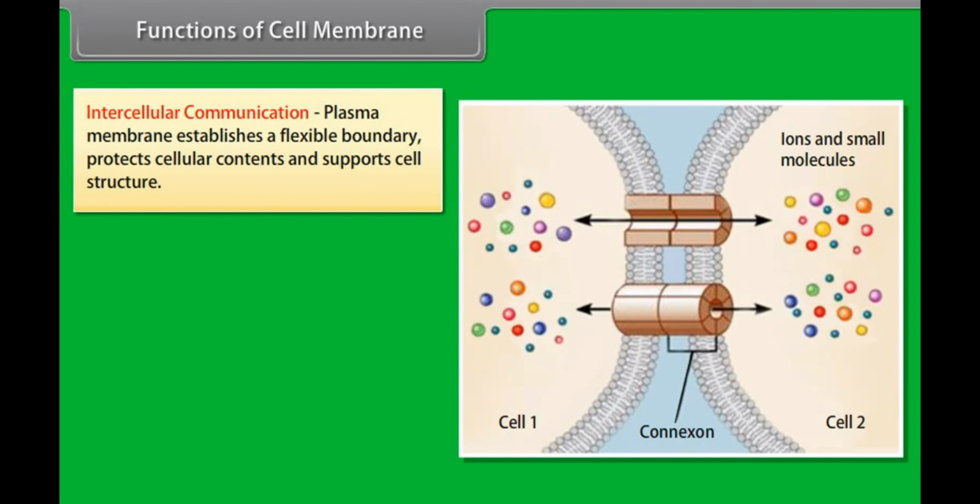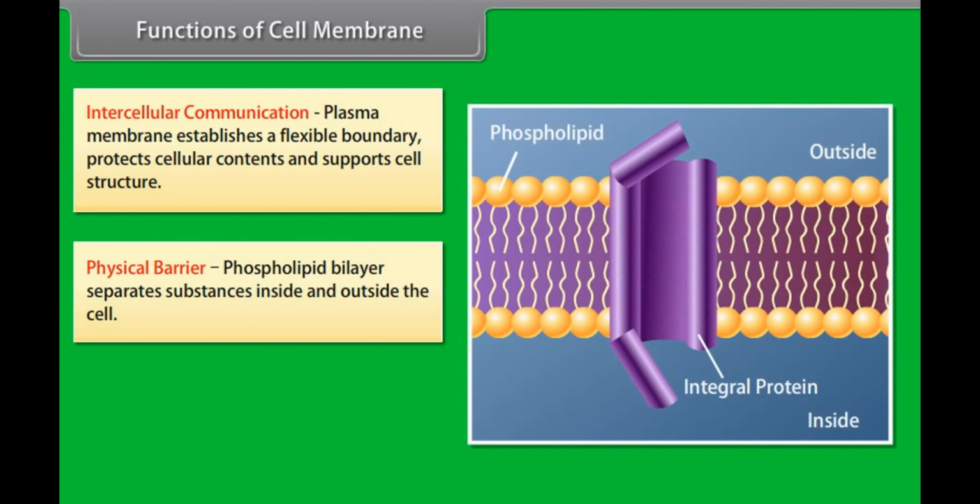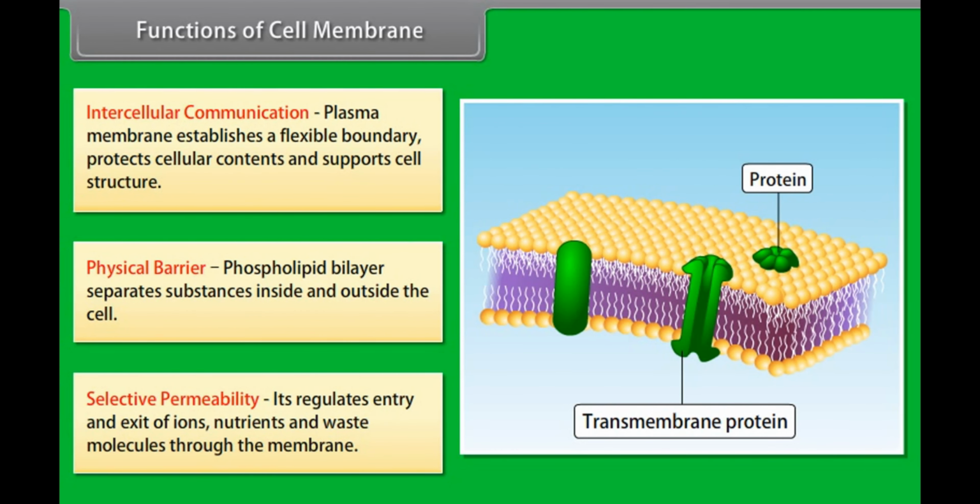Plasma membrane establishes a flexible boundary, protects cellular contents and supports cell structure. Physical barrier. Phospholipid bilayer separates substances inside and outside the cell. Selective permeability. It regulates entry and exit of ions, nutrients and waste molecules through the membrane.